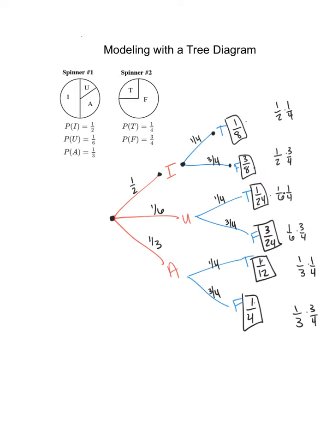In fact, I want you to pause the video and take a look at what you have from your notes from the previous page. Check that the probability of IT is 1/8, the probability of IF is 3/8, the probability of UT is 1/24. Check those probabilities. And you'll see that this really doesn't contain any different information, it's just a different way of presenting it.